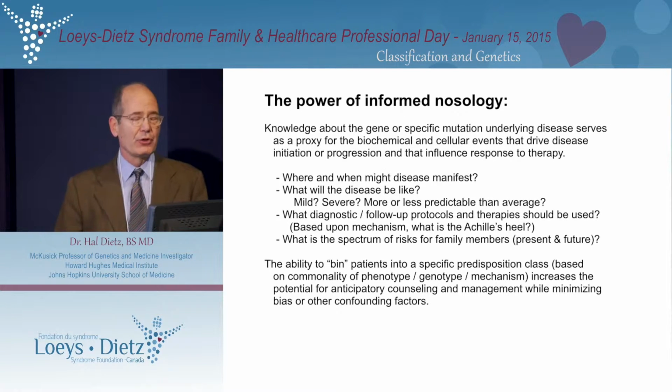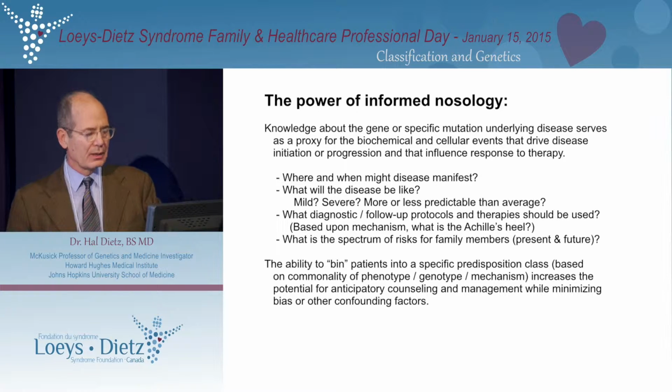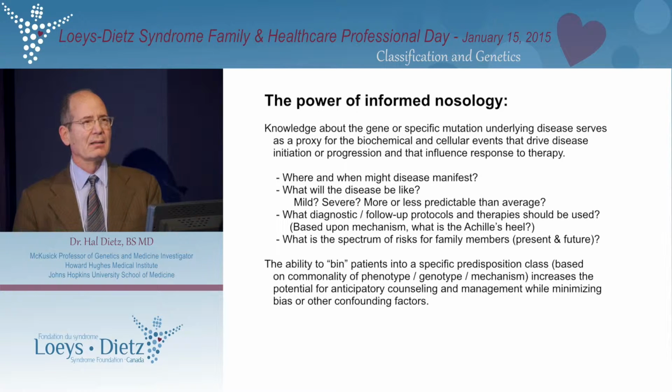One could ask, well, what should be the underlying principles? And I think the one that we find to be most compelling is the desire to take information about a given person and to make informed predictions about what they might encounter in the future and what their family member might encounter in the future.